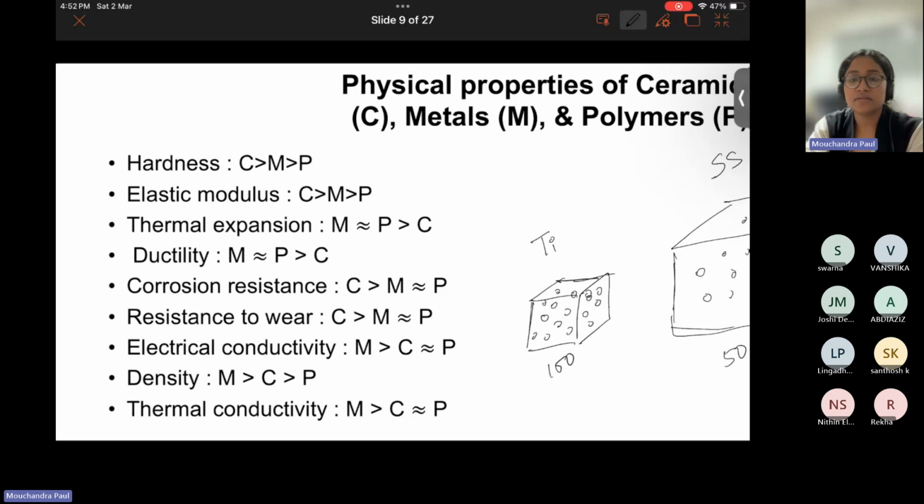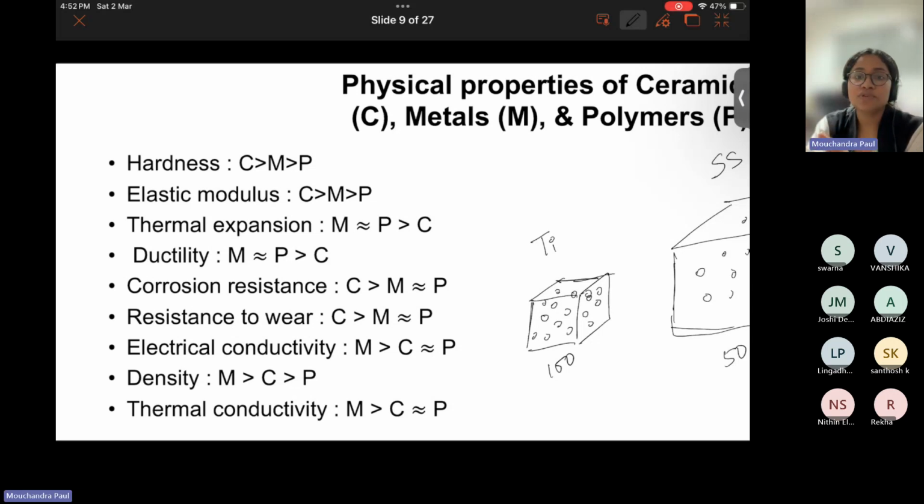Yes, no, anything? It is actually very difficult to make ceramics into different shapes. You cannot get a very polished surface from a ceramic block, like hydroxyapatite or chalk.